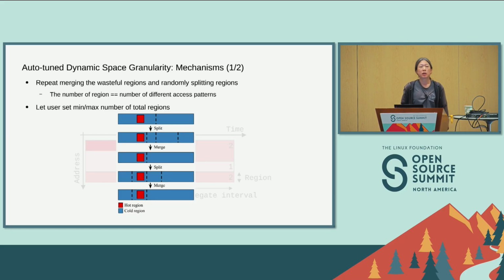As a result, as sufficient enough time goes by with this scheme, then the number of the regions becomes same to the number of real different access patterns, which is very reasonable in a way. And also, we further provide a knob for setting the minimum and maximum number of total regions after this merge or split to be specified by user.